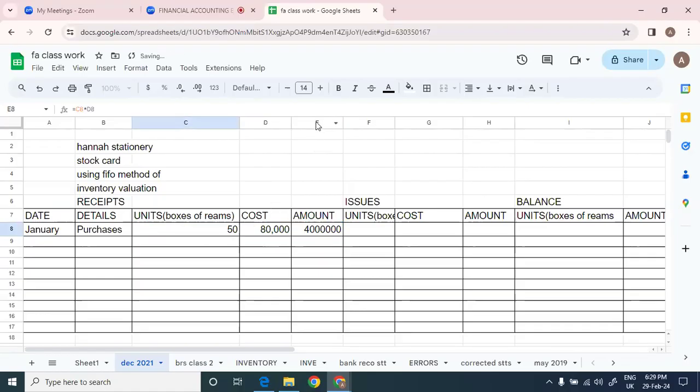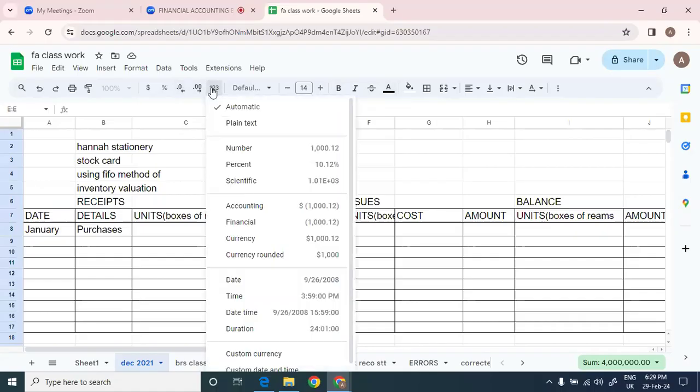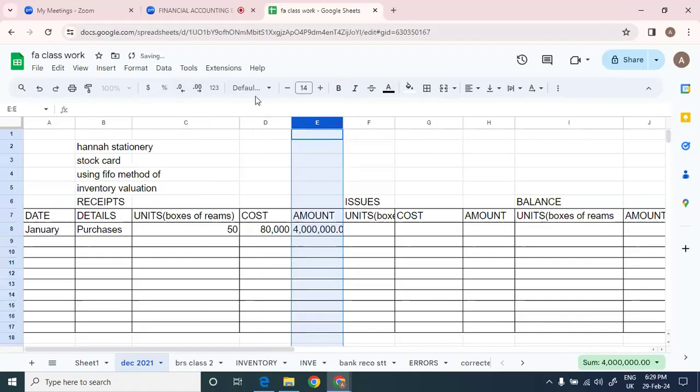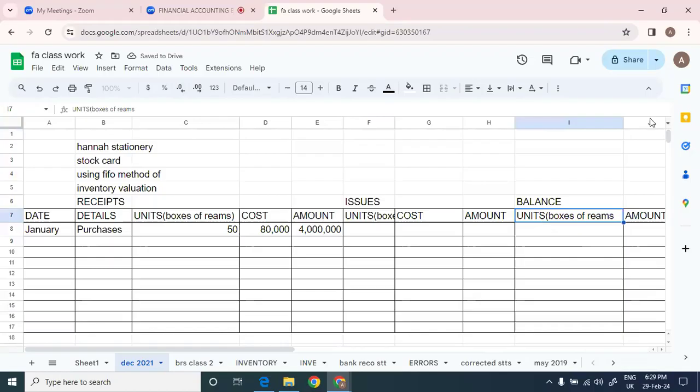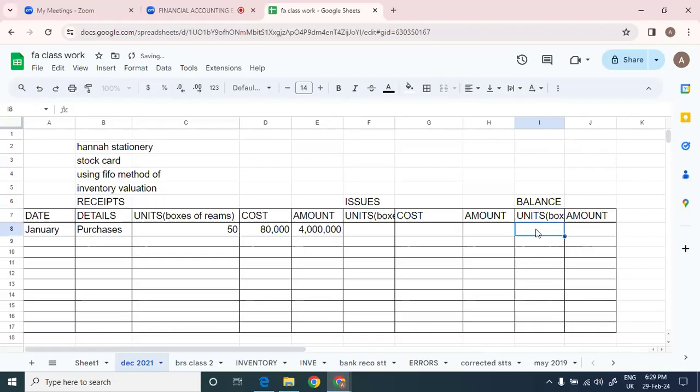I get my 4 million. Issues I don't have. I come to my balance column. I show that I have 50, and these 50 boxes cost me 4 million. I'm done with that.